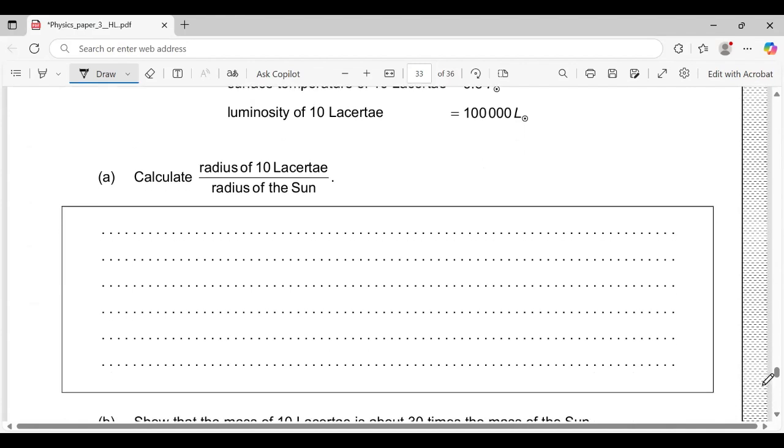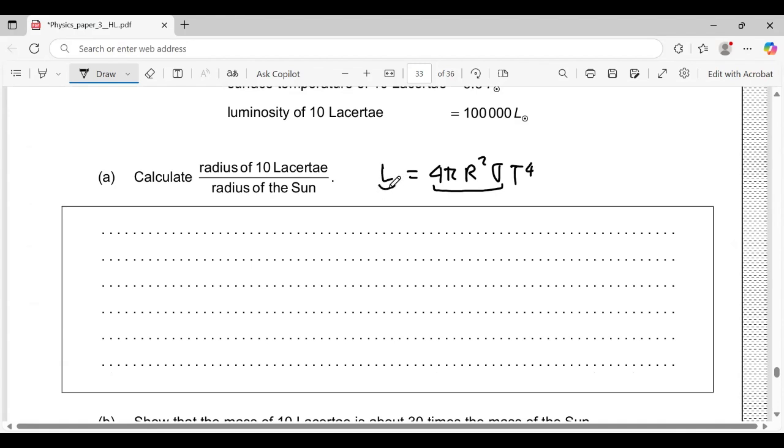Okay, so we will use the Stefan-Boltzmann law. The Stefan-Boltzmann law is L equals 4 pi times R squared times sigma times T to the power 4. And we are going to change this term. It's going to be like this.